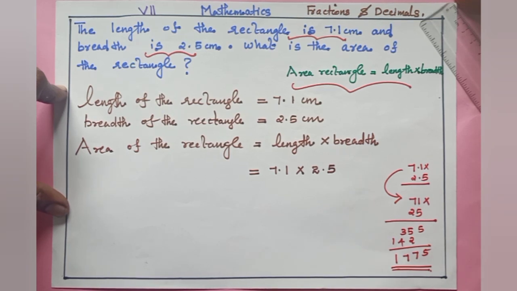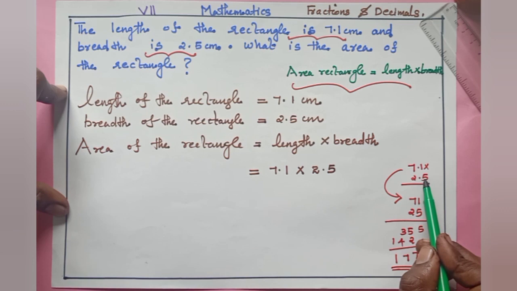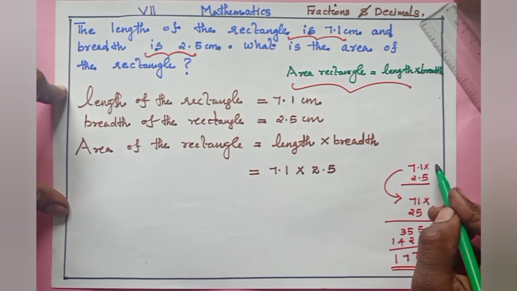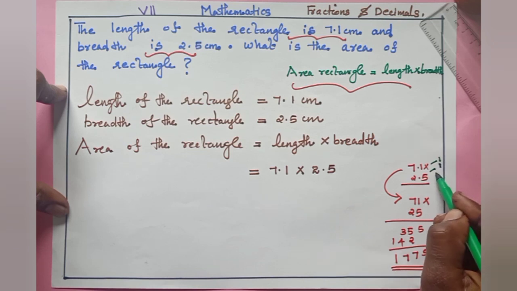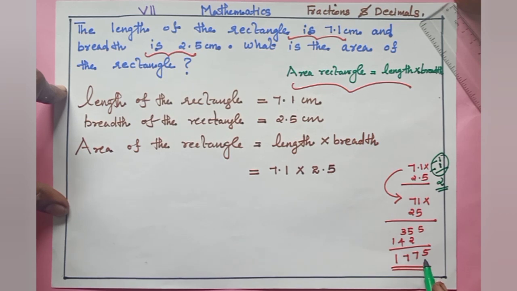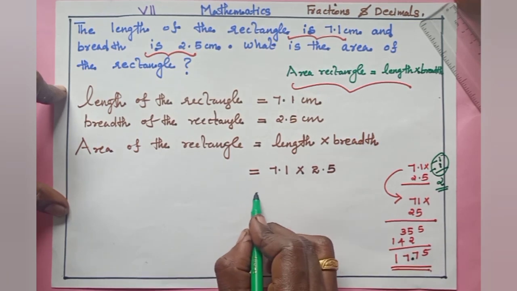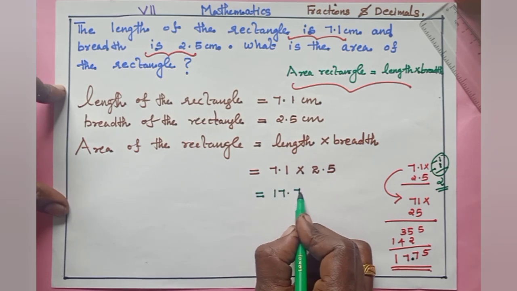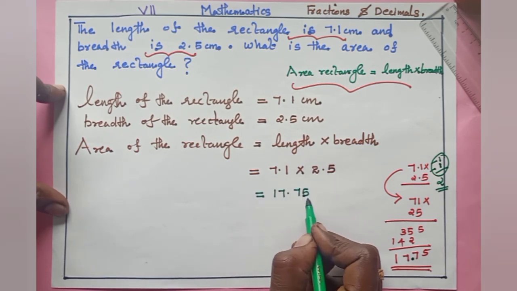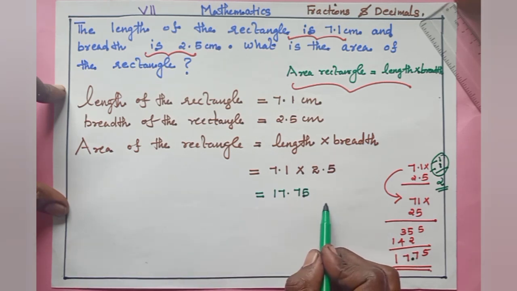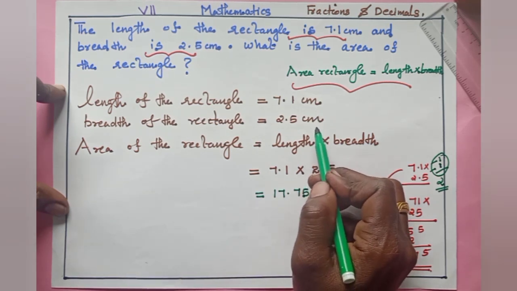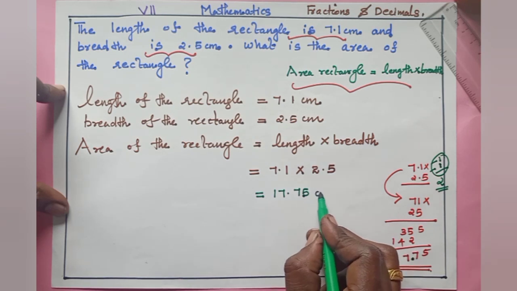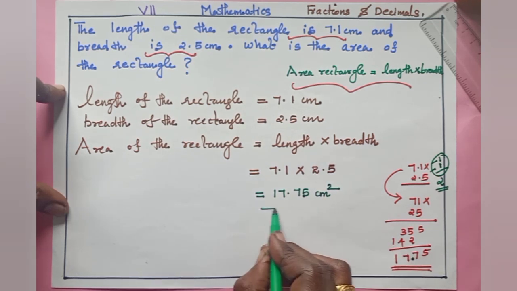Then the question is in decimal numbers. So this multiplicand has how many decimal places? 1 decimal place. The multiplier has 1 decimal place. So adding, 2 decimal places in the answer, 1, 2. So our answer is 17.75. Listen, write the area in units. Given centimeter, centimeter, so the area is centimeter square.